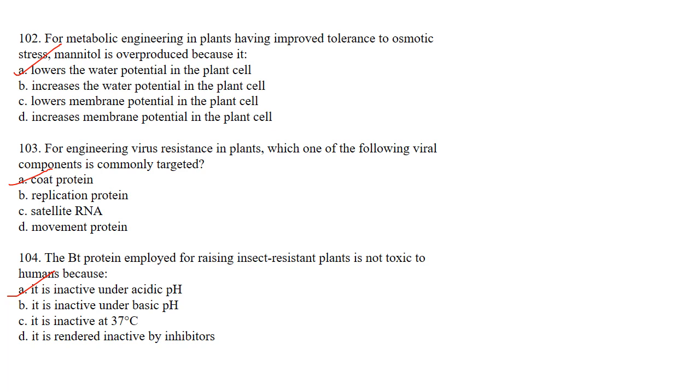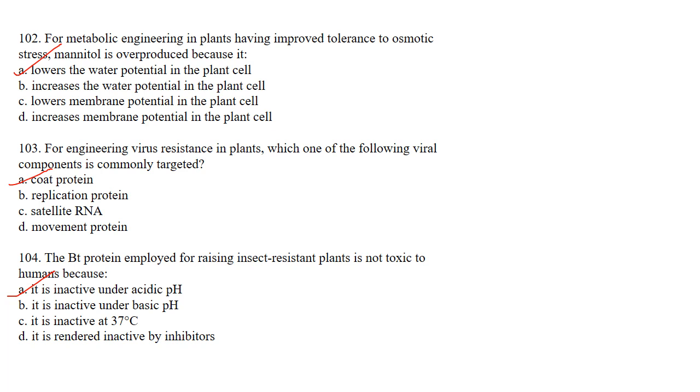Hyperosmotic stress causes shrinking, and hypoosmotic stress causes swelling. Now mannitol is an osmolyte. If mannitol concentration increases, we are increasing the concentration of solute. Water will enter the cell. So the answer here is lowers the water potential in the plant cell. So water will enter the cell.